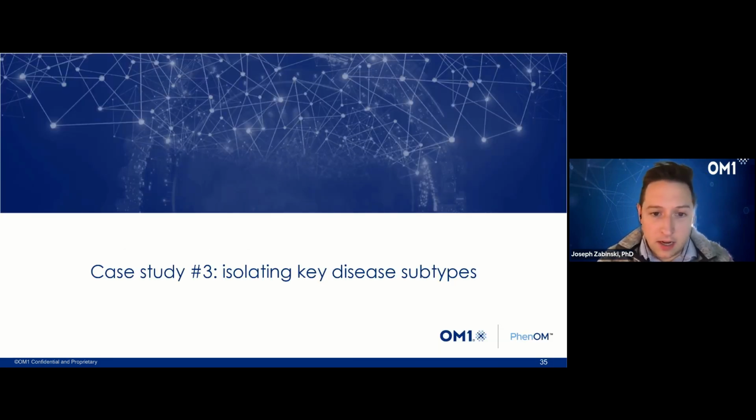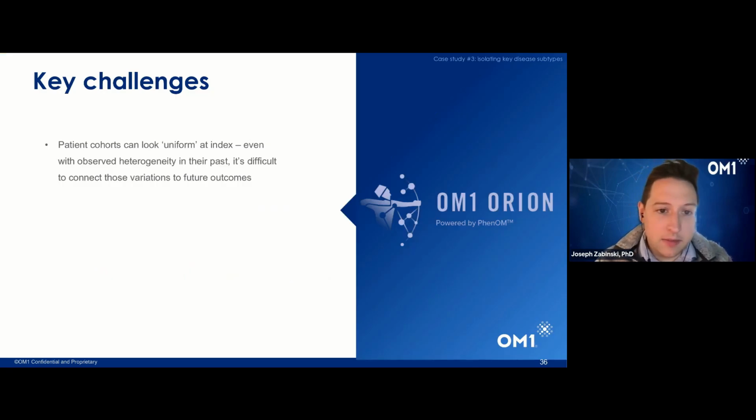Final case study, to make sure that we have plenty of time for wrap up and questions, is around identifying and isolating key disease subtypes. So again, this is related to the previous treatment associated example that I gave, but the common problem, I think, that crosses a lot of therapeutic areas, and that's probably familiar to the entire audience, is that a lot of patient cohorts look uniform at index.